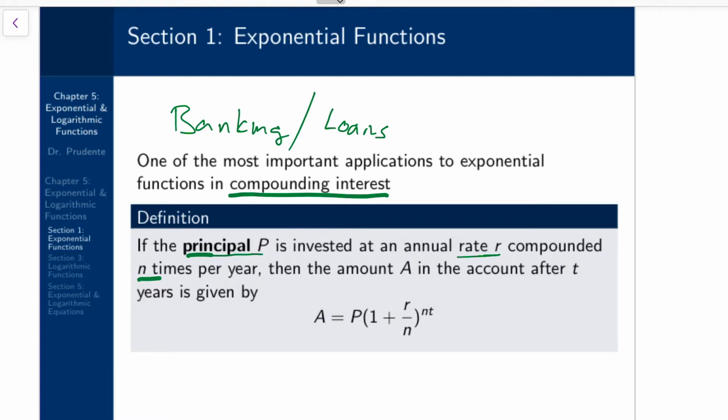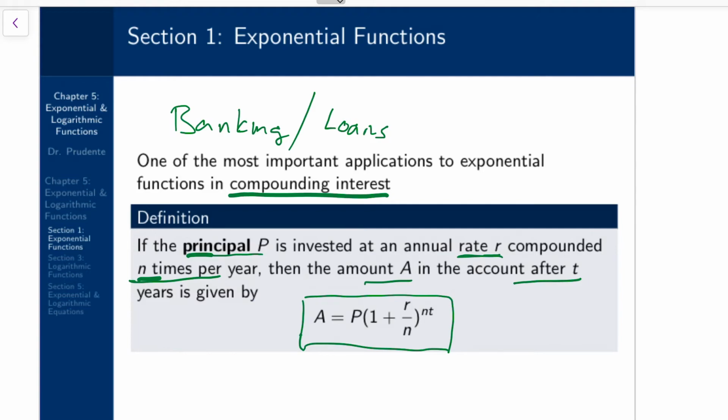This helps us grow our money in a bank savings account, or it hurts us in the way loans do, where interest will actually increase the amount of money we owe. So it turns out if the interest rate R is compounded n times per year for t years, the money in the account is given by this formula, right?